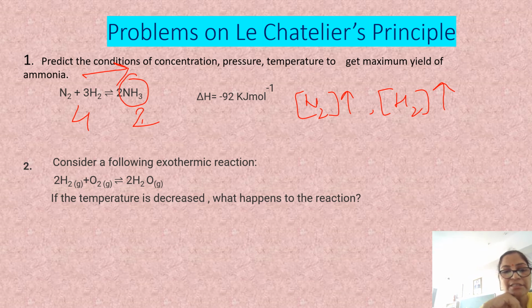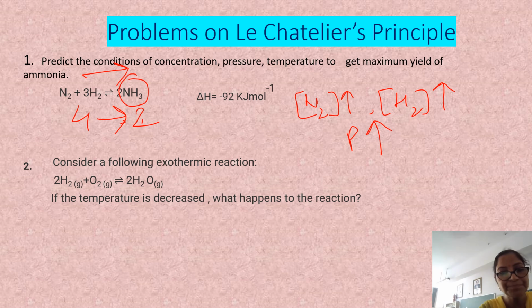How can it be done? If we increase the pressure. Increasing the pressure means we are increasing the number of moles per unit volume. So the equilibrium will shift in such a way as to decrease the number of moles. And how can the number of moles be decreased? If the reaction moves in the forward direction.